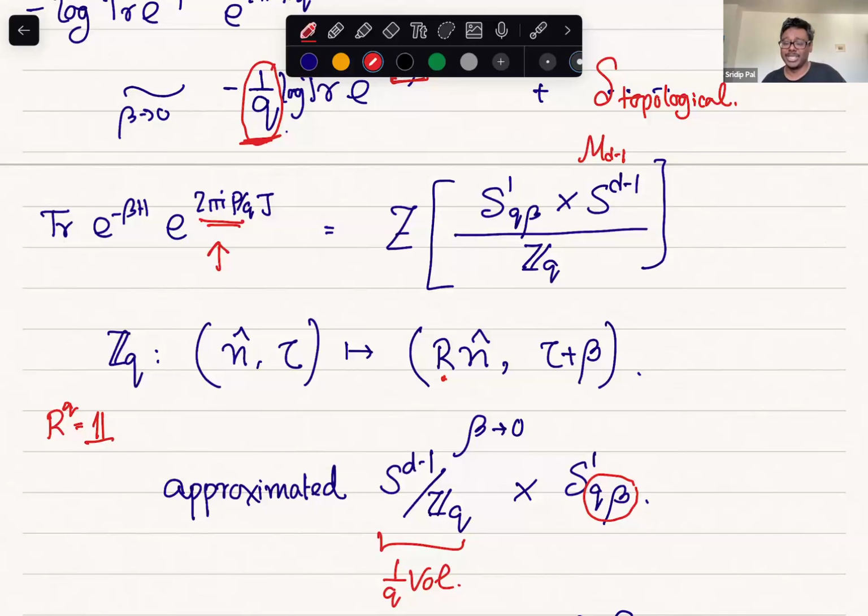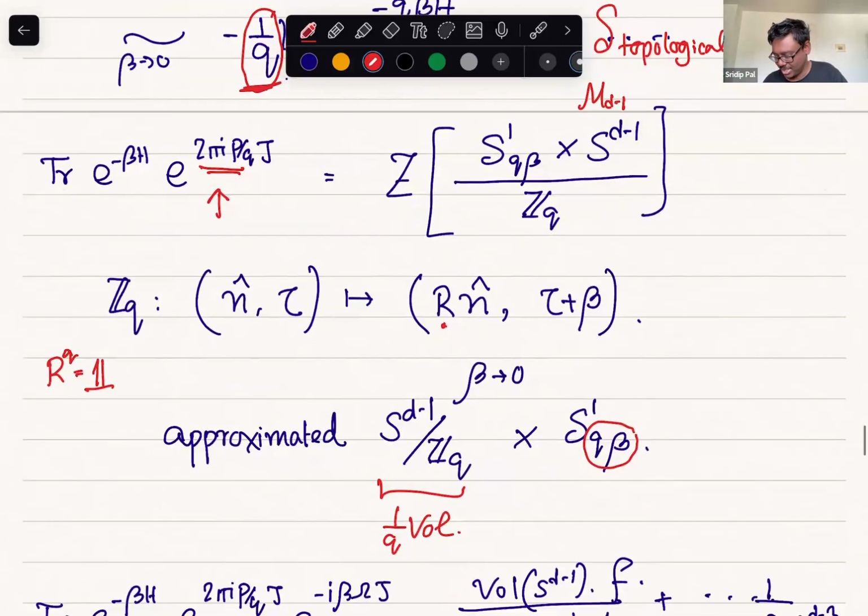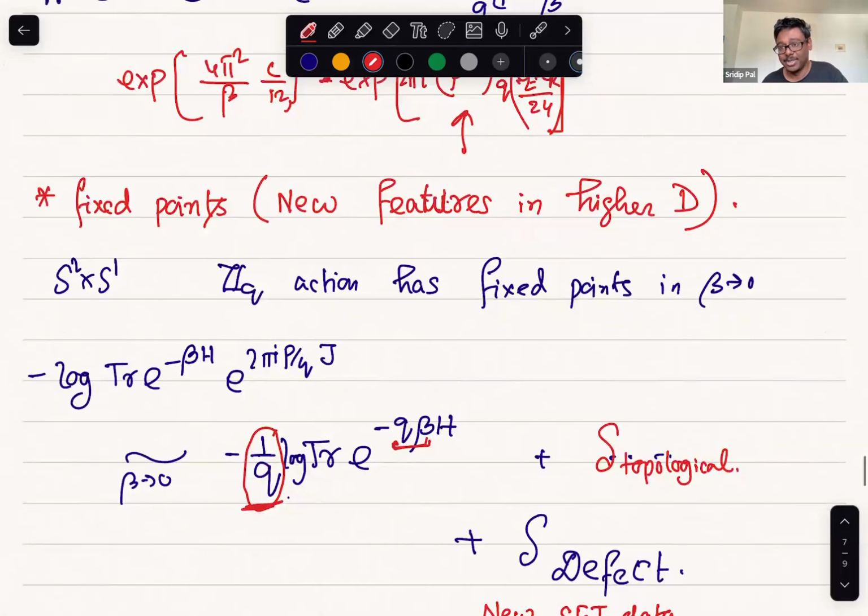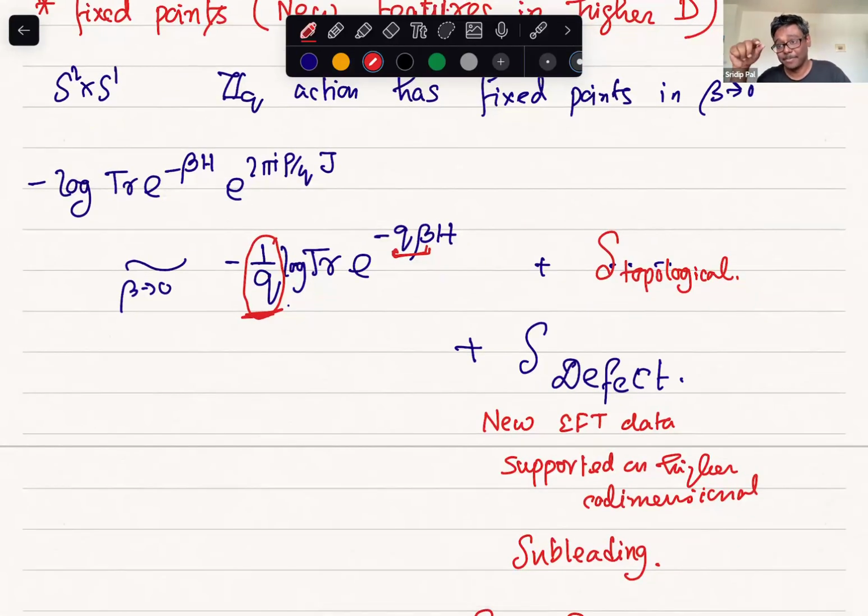And there should be some mechanism which resolves the singularity, and that mechanism will also tell us all the Wilson coefficients that appear in the holographic CFTs of the S defect. So the point is, in the holographic CFTs, all these Wilson coefficients are fixed. You just compute some black hole entropy or black hole free energy, and that immediately gives you all the coefficients that appear on this side.